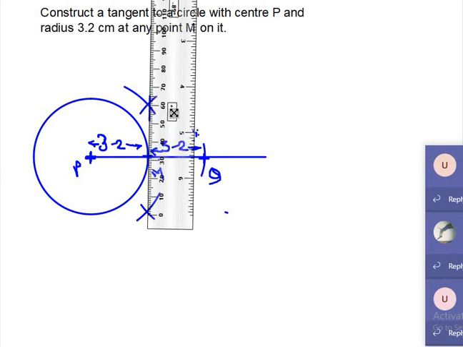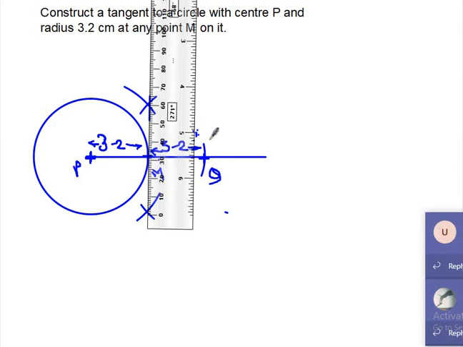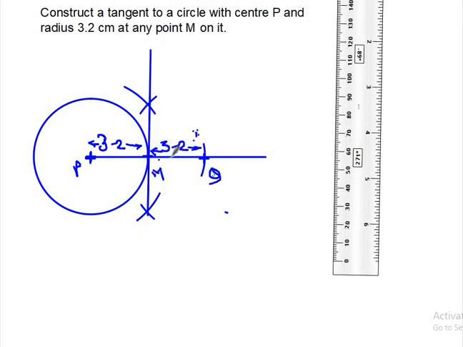Just join it here. Now you have here a tangent through the point M. Hope you have understood this thing.